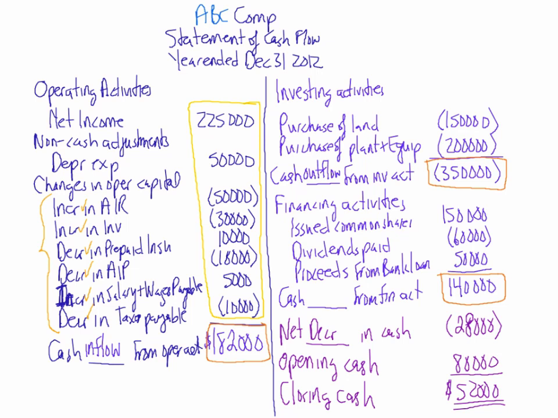All right? If you don't describe that it's a purchase of land and a purchase of plant and equipment, or if it's a sale, you put sold, issued common shares, dividends paid, proceeds from the bank loan, all of those things. Did you notice that I forgot to say inflow? Nobody even noticed that and pointed it out.